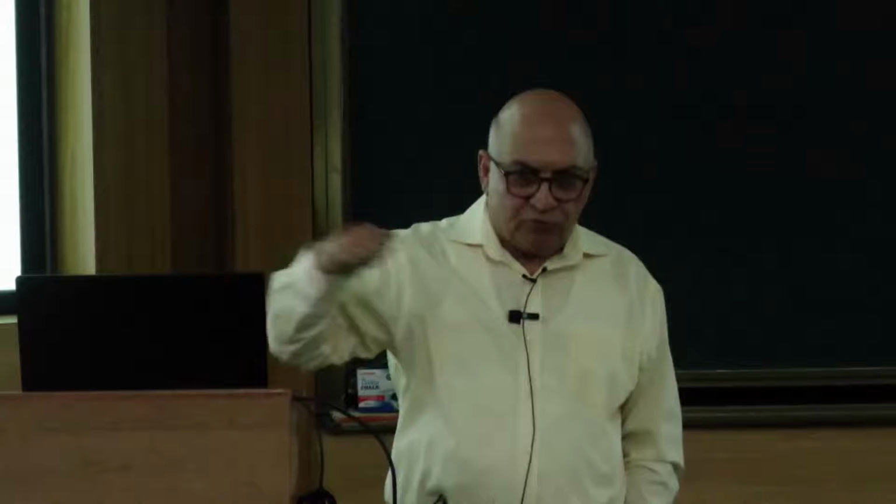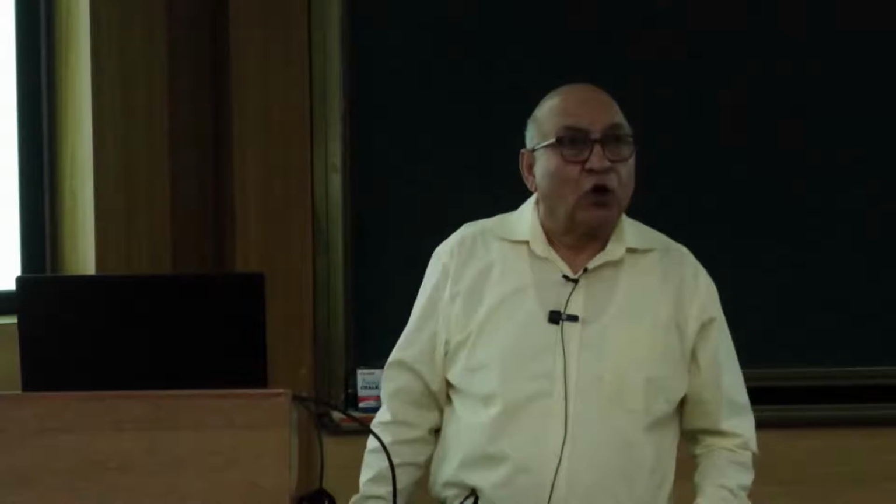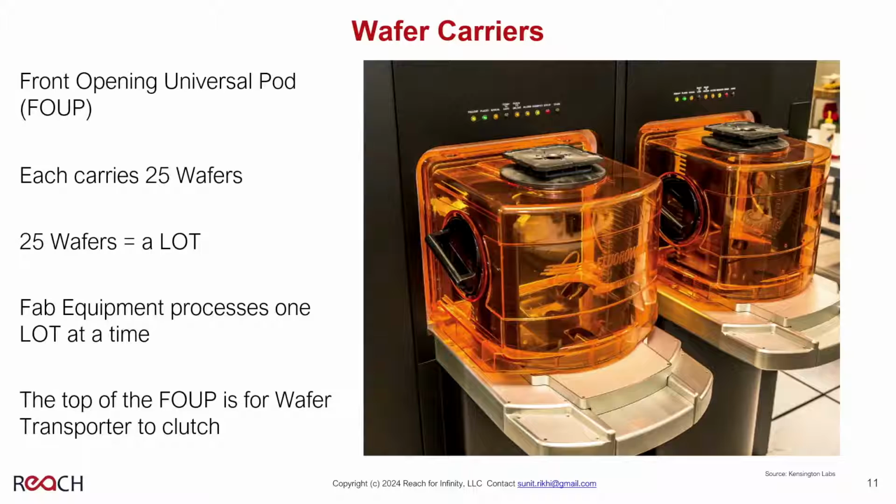When it's done, it brings it out, and a robot is there to feed it another lot, and so goes life. The top of the FOUP, if you notice, is a black structure which is clutched by the wafer transport tool to take it up or bring it down and release the clutch.